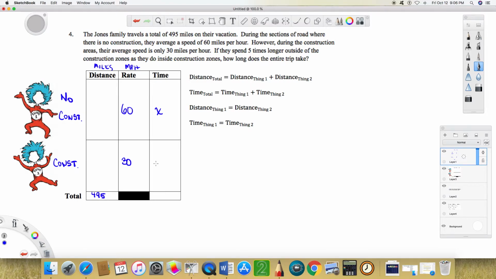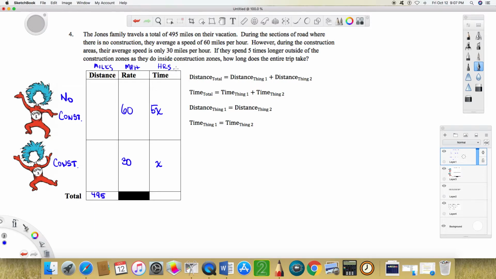I'm going to call the construction zone X, and outside of the construction zone, in the no construction zone, which is where they spent most of their time, 5 times X, and that's just to avoid a fraction. And this has units of hours. All right, so they spend 5 times longer outside of the construction zone than they do inside.